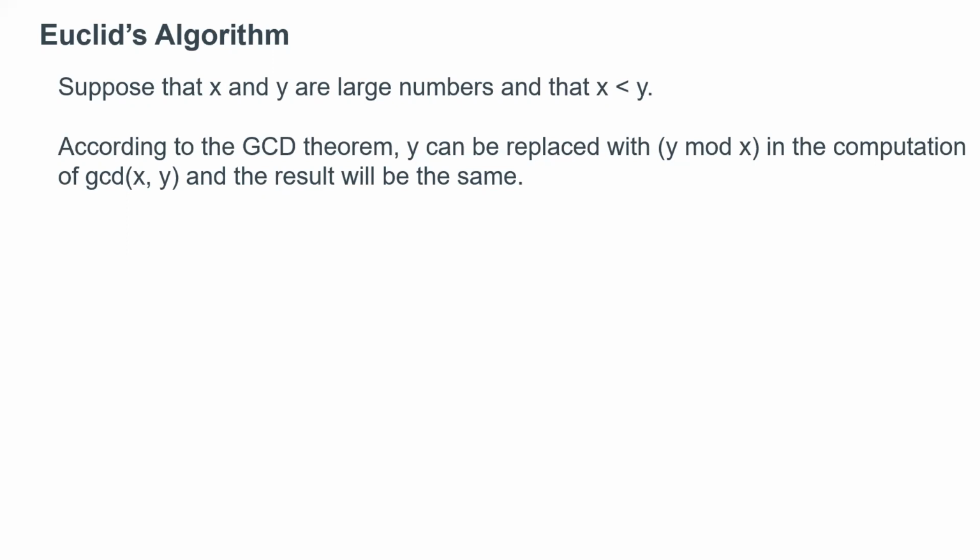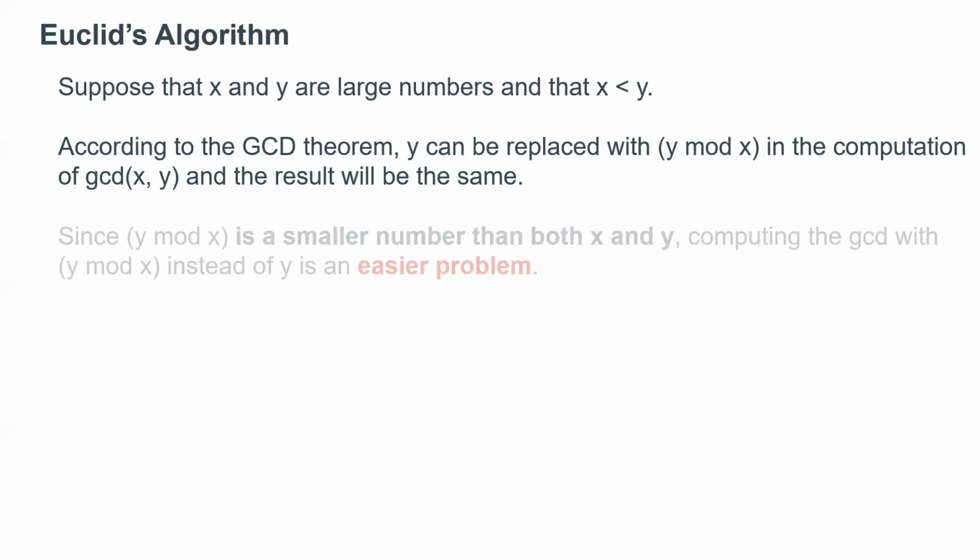Now according to the GCD theorem, Y can be replaced with this value here, Y mod X, in the computation in order to find the GCD. That's what we just saw. And so we can use Y mod X along with X to find the GCD, and find that it's the same GCD as for the original two numbers.